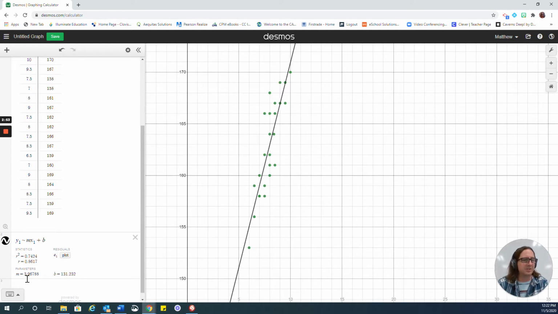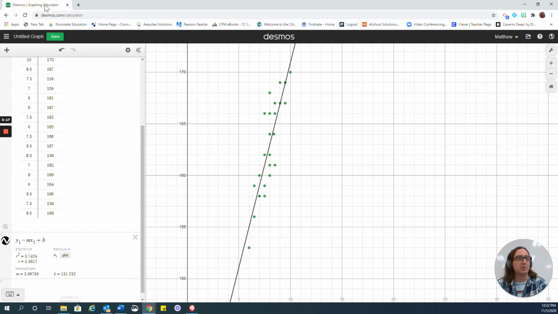And then our y-intercept, 131.232. Let's just make it 131. All right, so we've got an R value right here of 0.8617. And now we've got this new value called the R squared value, and it's 0.7424. So let's go ahead and write those down and then talk about what it all means.